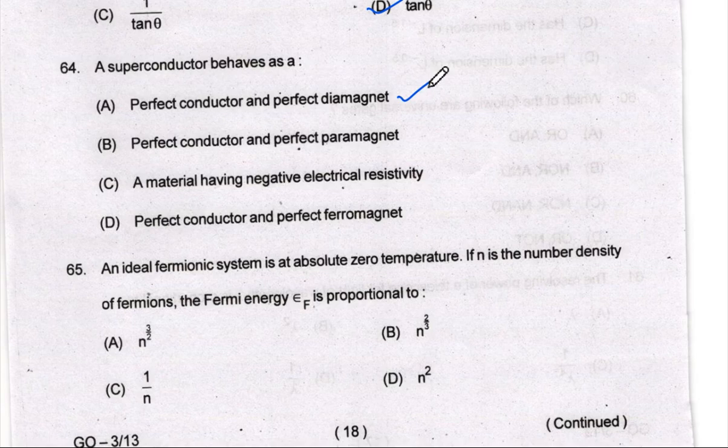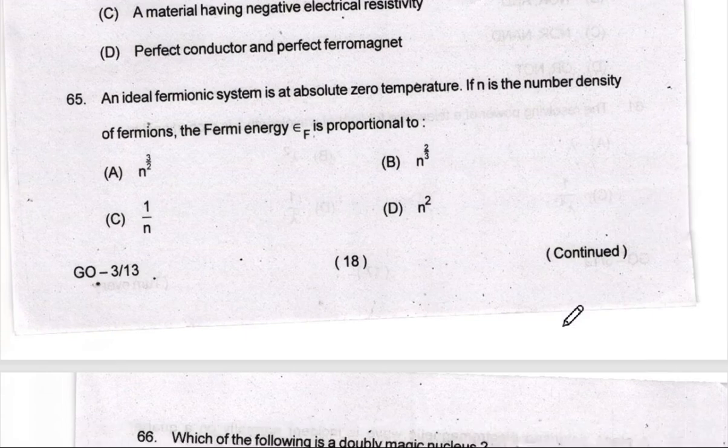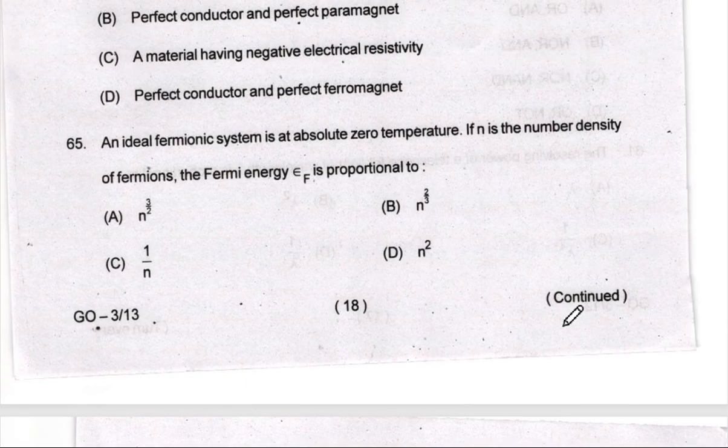Clear? Then next question, number 65. An ideal fermionic system at absolute zero temperature, if n is the density, how is the Fermi energy related?